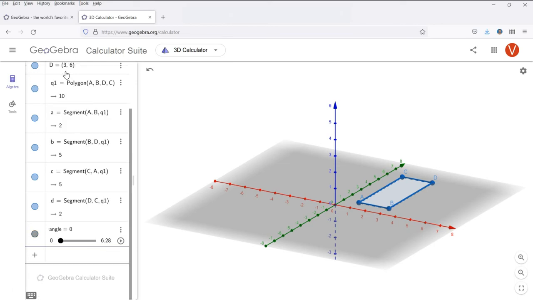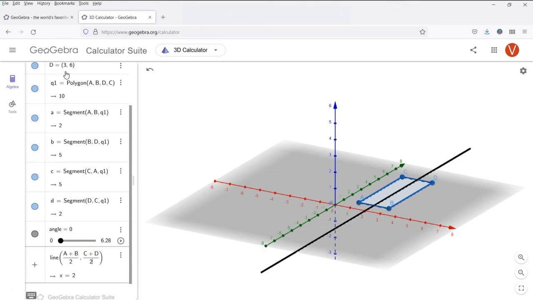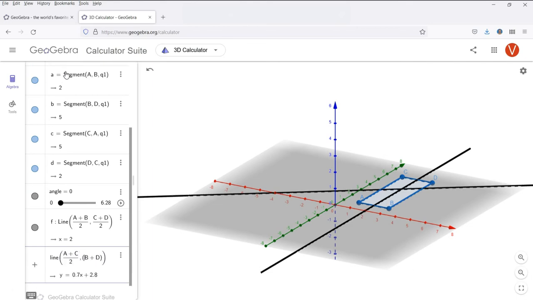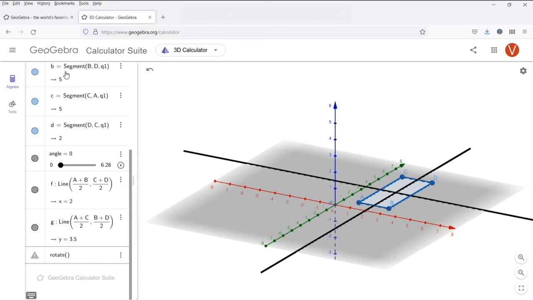Okay. Then we require lines of symmetry. So line (A plus B) by 2. That is one. And the other line of symmetry is the second one. Of course, we want the intersection point also.